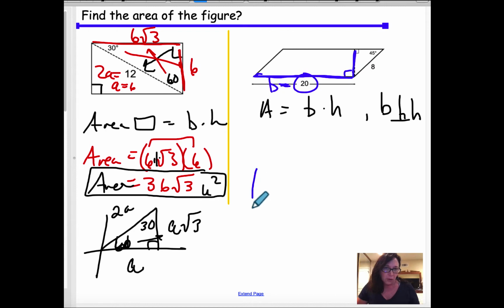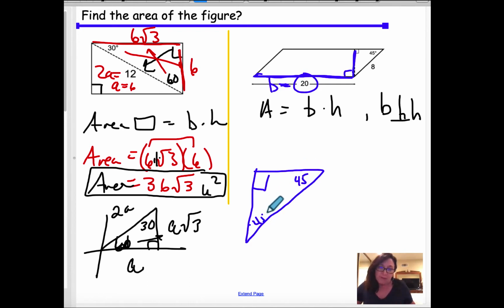And I'm going to redraw that little triangle over there. What I want you to remember about this special right triangle is that it is a 45, 45, 90, because if it's 45 degrees here and this is already a right triangle, that has to be a 90 degree, 45, 45, 90. So what we learned was that whatever this value is, that's the same value.